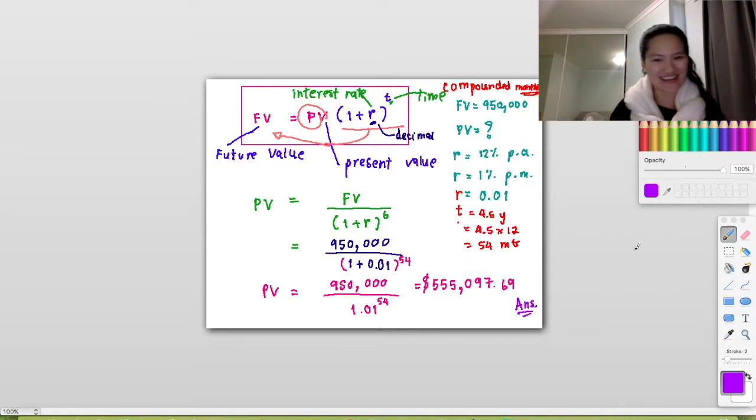That's quite easy, straightforward. But the thing that's tricky is the interest rate and time. If they ask you for months, you have to make it months. If they ask you per day from 12% per annum, you have to divide it by how many days in the year? 365, yes. And then time per year, you multiply by 365, so it comes up to days.